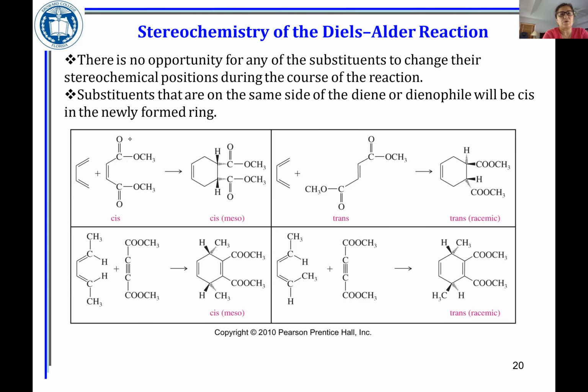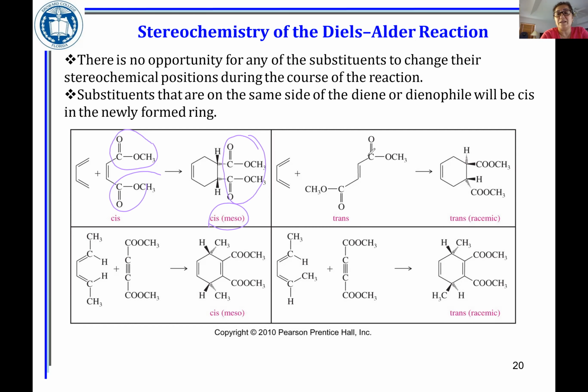This is a little bit more in depth. If they are on the same side in the diene or dienophile, the product is going to be in the cis form. In the new compound that is forming, they will be in the cis position, on the same side. So you have a cis dienophile. This side of the molecule is going to be cis. So you have a cis compound. If it's cis, you would get cis.